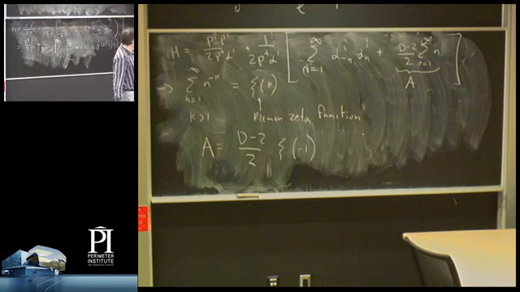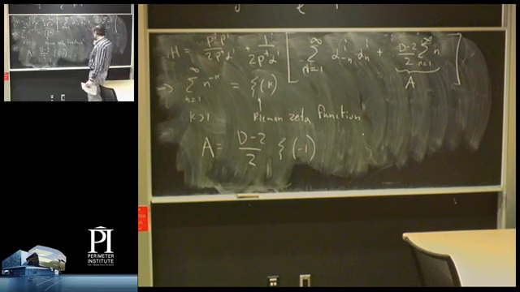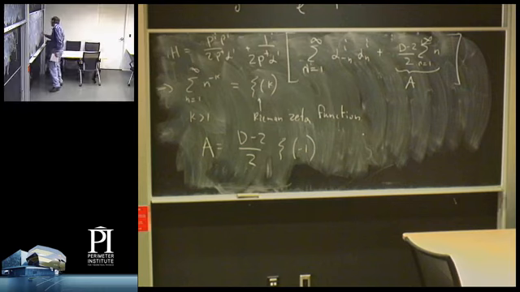So what I implicitly did here is very similar. For example, if I talk about 1 over 1 minus x, it's 1 plus x plus x squared plus x cubed and so on. So there is a series expansion. That series expansion converges provided x is less than 1.